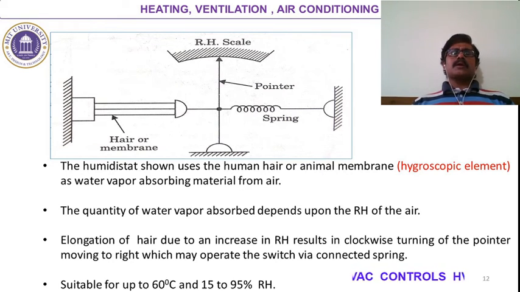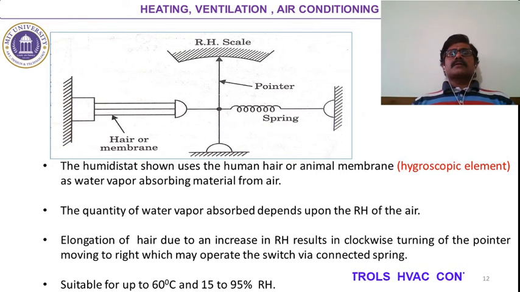The quantity of the water vapor absorbed depends upon the relative humidity of the air, isn't it? If the relative humidity of the air is less, then the ability to absorb the water vapor will be more and vice versa. Let us say the elongation of this hair is taking place, which essentially is due to the increase in the relative humidity.